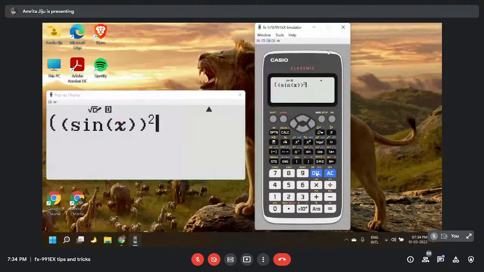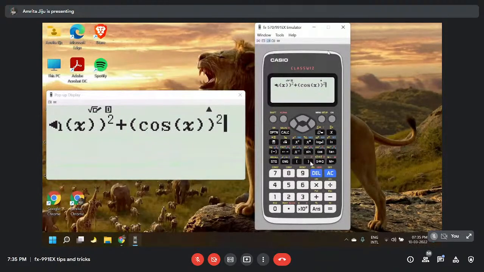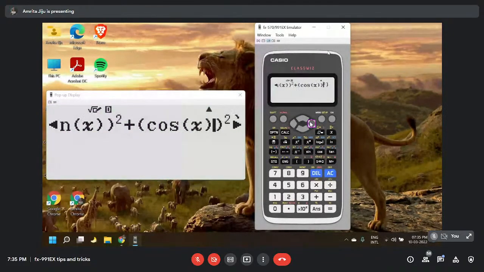Sine x square plus cos x square, equal to. So yeah, you see the answer 1 here. So sine square x plus cos square x equals 1. You can do such calculations inside this.